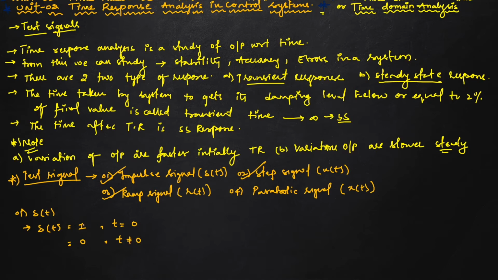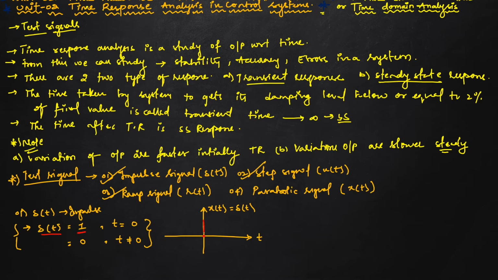Suppose I have to represent this mathematical equation in terms of a graphical representation. Say this is my time axis and this is the signal x of t, where x of t is equal to del of t, because I am trying to represent the impulse signal. Looking at its mathematical definition, del of t is equal to 1 at t equals 0, and we know that t equals 0 at this particular point.